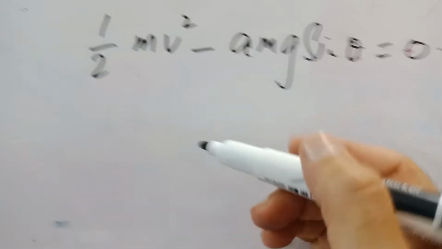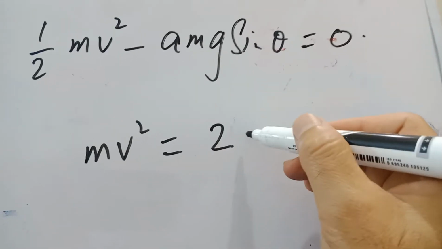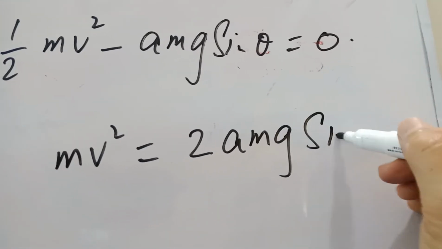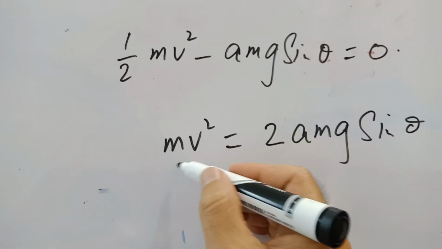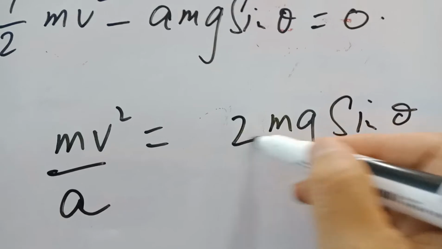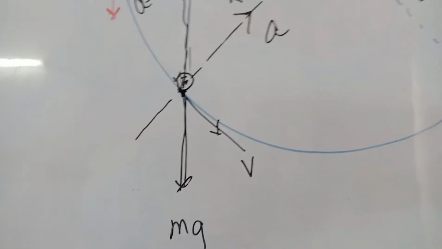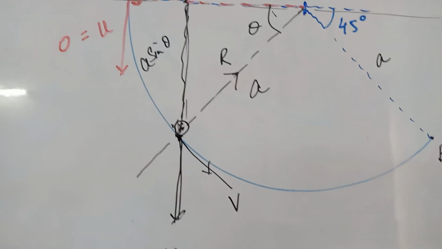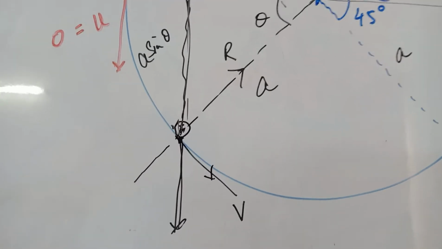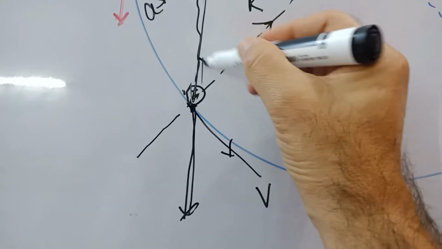So let's find this from this equation. This is going to be mv squared equal to 2a mg sine theta. I want to make it mv squared over a, so this is going to become 2mg sine theta. Now let's come back to resolving this weight so that we can have the net force acting towards the center. This angle is theta, and this angle is going to be 90 minus theta.